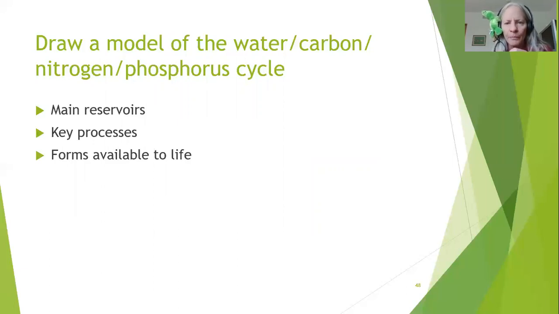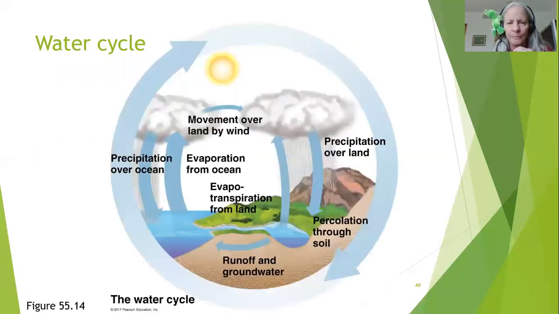On your next exam, it's likely that I will choose one or more of these cycles and ask you to draw it and explain the main reservoirs, key processes, and forms available to life. What I'll do is spend the next few minutes going through these main ones, and then I will give you some lecture quiz questions about how they work.